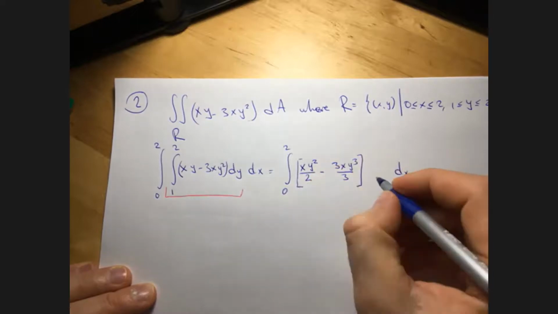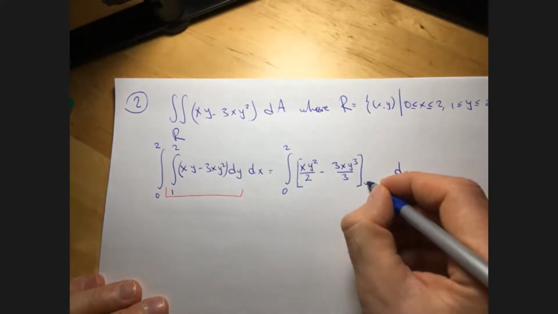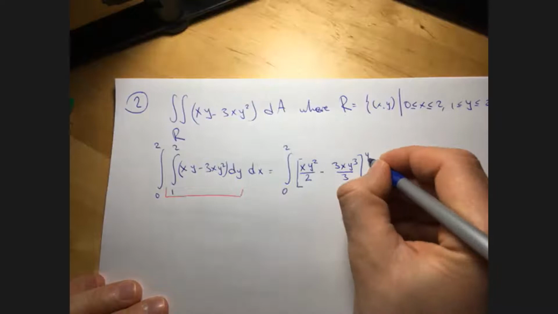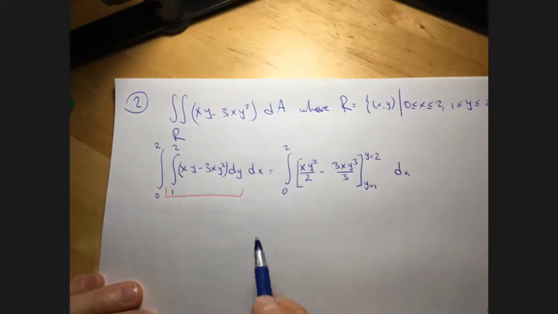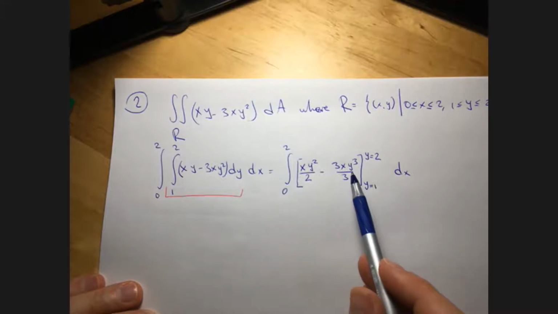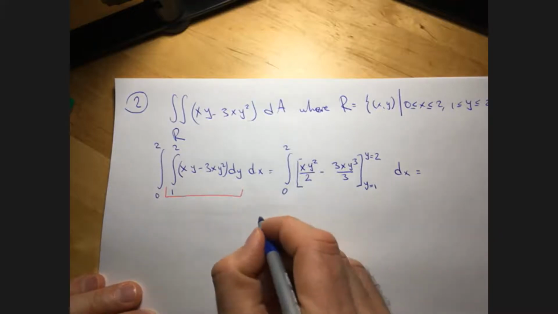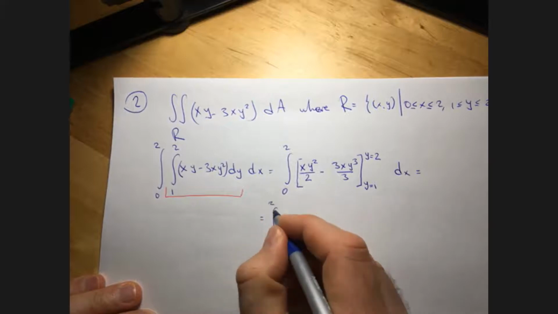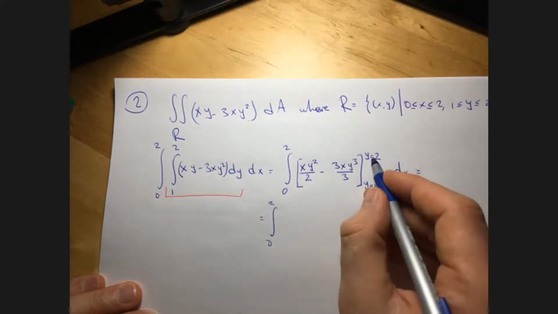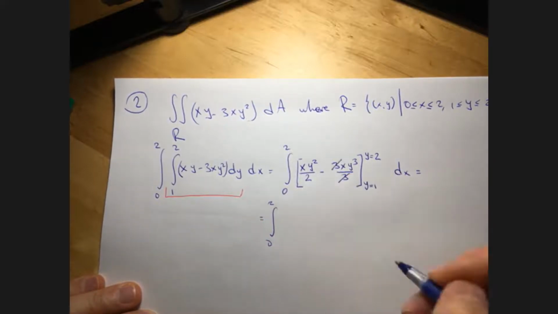It's usually easy to write here that y goes from 1 to 2, just to always recall which integral you took first. That's equal to, from 0 to 2, let's just simplify this first. So this 3 cancels out.